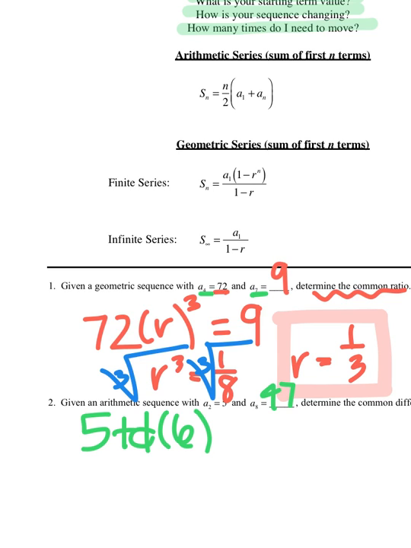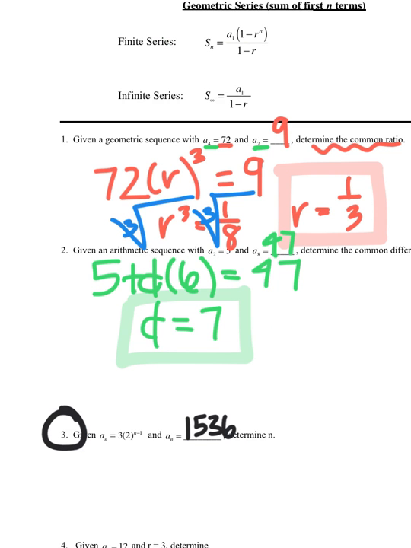Again, I think movie theater, 8 minus 2 is 6. And that will equal 47. Please go ahead and pause this video and solve for your common difference. And when you solve, you should end up with your common difference as 7.